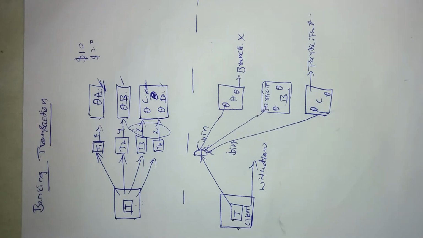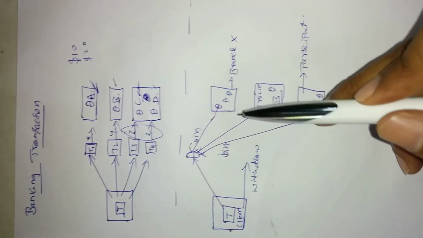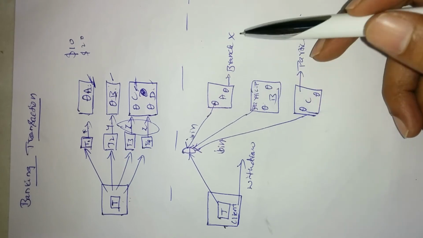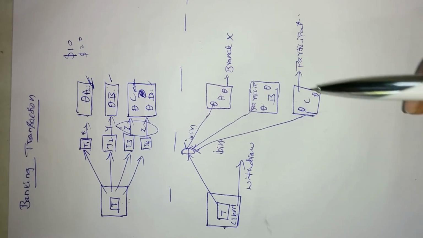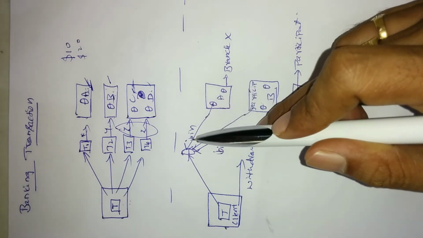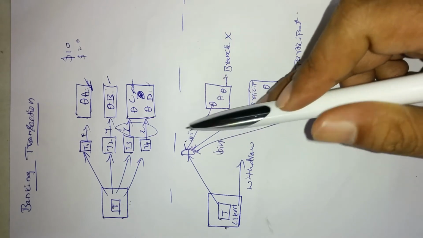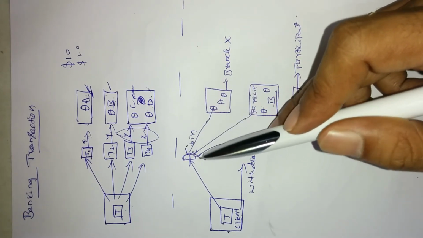Now I will explain a distributed banking transaction. In a distributed banking transaction, the client is connected to one server. A is a branch of X, B is a branch of Y, and C is a participant. These are the participants. A is connected to one server, and B and C are also connected to servers, and we have to join them to withdraw and deposit.